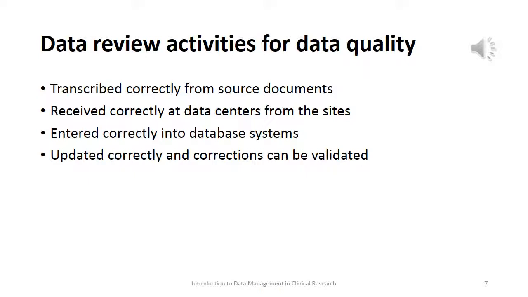We want to make sure that it's done correctly and accurately. We want to enter information correctly into our database systems. And then we also want it updated correctly and corrections that can be validated. So we want to have an audit trail for every time a piece of data changes. So we know who did it, when they did it, why they did it, and what the purpose of doing it was.